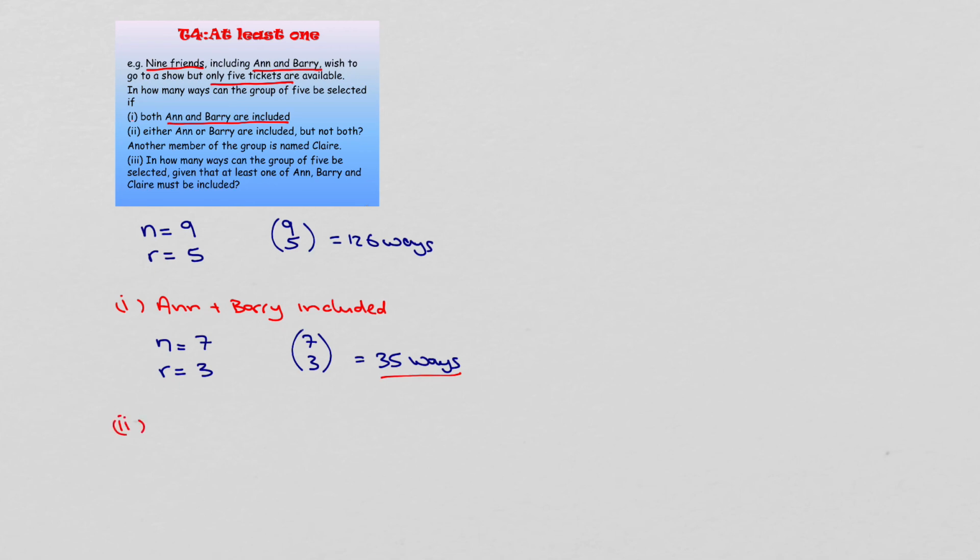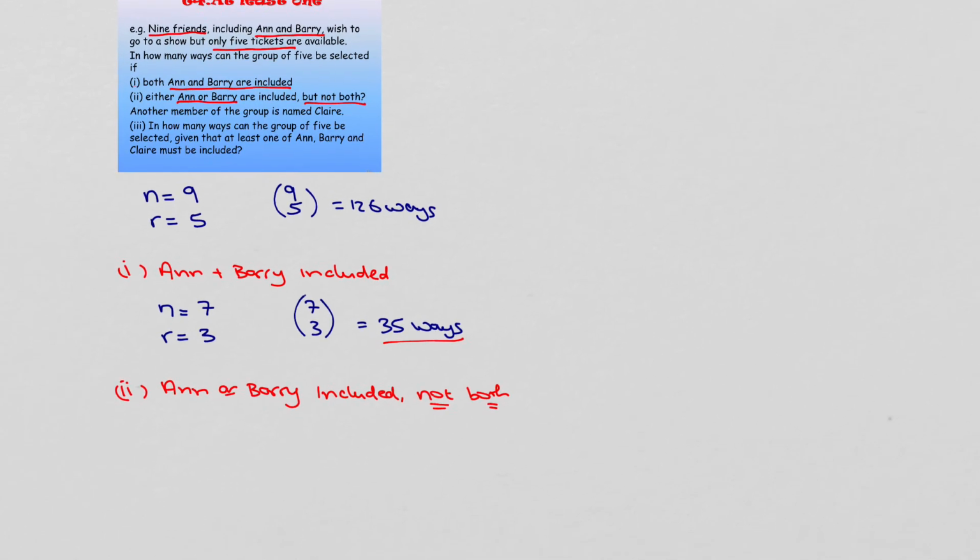The second one says, well, either Anne or Barry are included, but definitely not both. They don't want to go together. So that means we can have 2 choices.